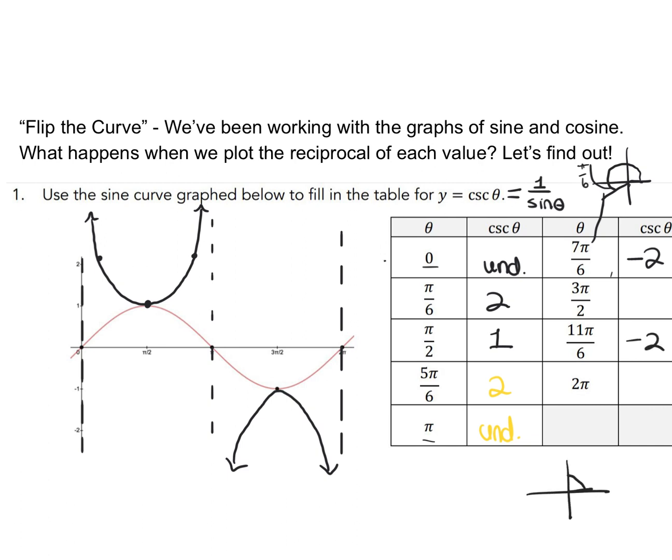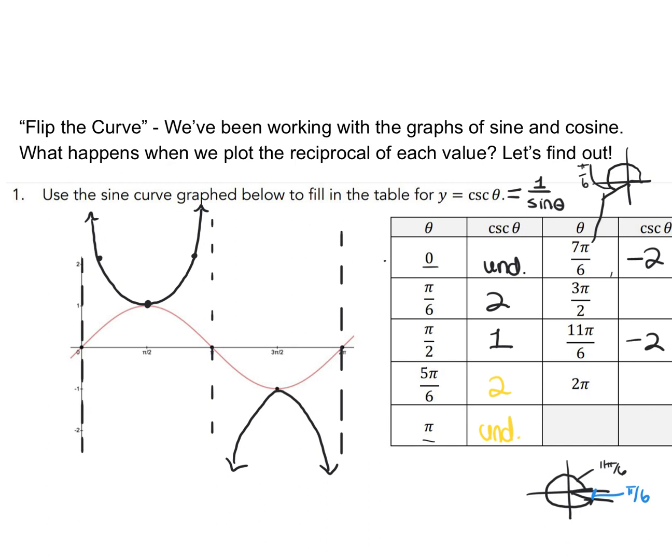We go ahead and graph 11 pi over 6. It's going to be somewhere over here. And then our reference angle is pi over 6. I'm really emphasizing here that we're just using reference angles. So then 3 pi over 2, this here is the 3 pi over 2 value.